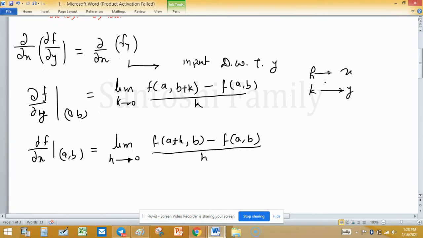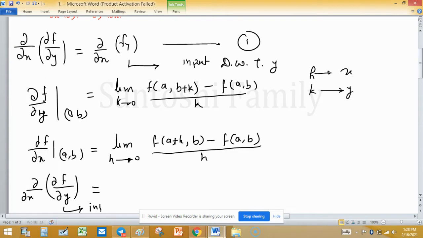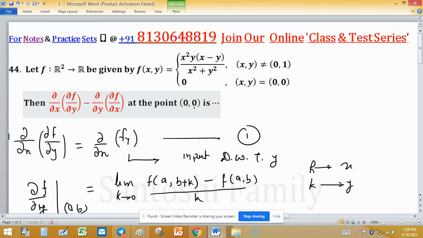Now come to the point. As equation 1, the partial with respect to x of the partial of f with respect to y will be, this is the input function, and we need to find it at the point (0, 0).